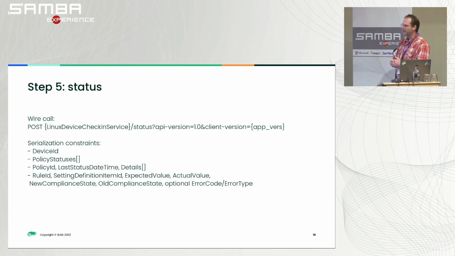Now, many of the policies we could force compliance, like the password policy, we can kind of just enforce somehow. But there's also a disk encryption policy, and we can't force the device to be encrypted. That's something the user will need to fix in order for us to detect the device is compliant. I believe that the default is 30 days you have for the user to bring the device into compliance.